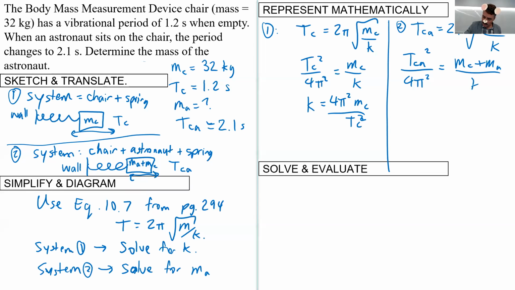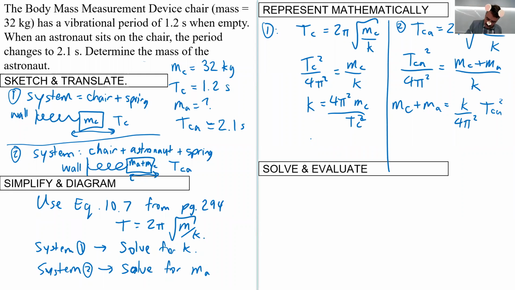This is to get rid of the square root sign, right? And then I'm going to times both sides by K. Let's rearrange it a little bit. MC plus MA is equal to K over 4 pi squared times TCA squared.